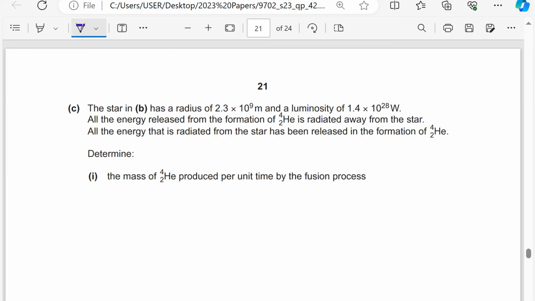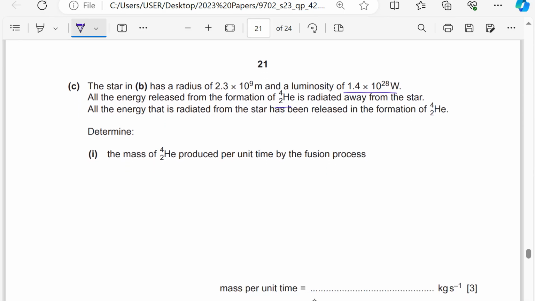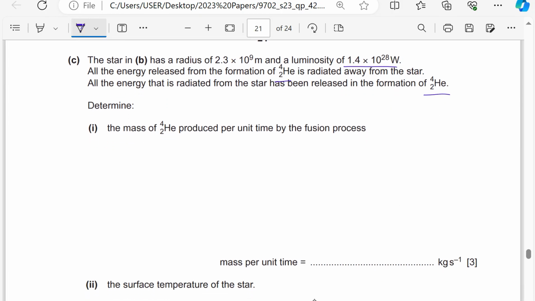So the star in B has a radius of 2.3 times 10 to the power of 9 meters and a luminosity of 1.4 times 10 to the power of 28 watts. All the energy released from the formation of helium is radiated away from the star. Determine the mass of helium produced per unit time by the fusion process.